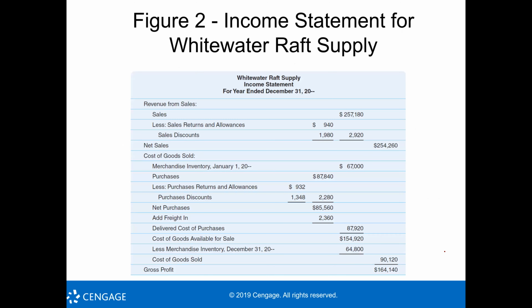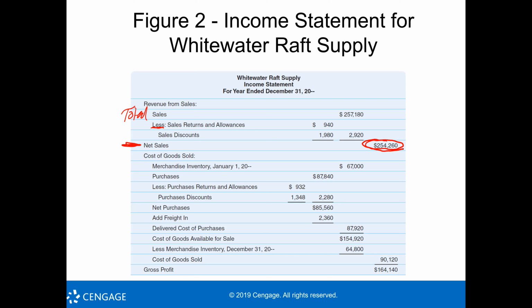All right, so here's an example of the top half of the multi-step income statement. Here's our net sales, and I mentioned net sales before. Basically, here's our total sales, and then we subtract any sales returns and allowances, any sales discounts to arrive then at net sales.